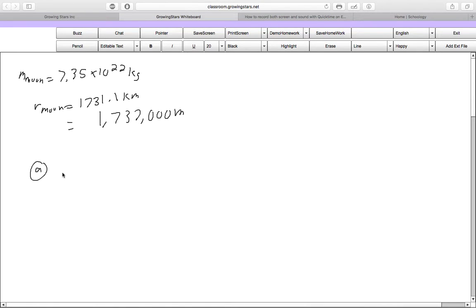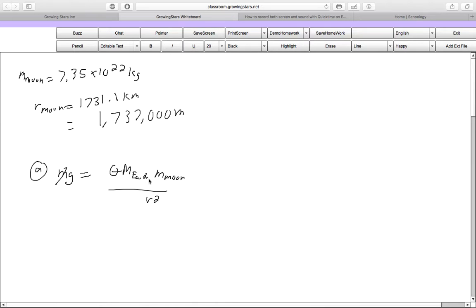We know that in this problem, the only net force is the downward pull. So we can set mg equal to the gravitational constant times the mass of the Moon over r squared.